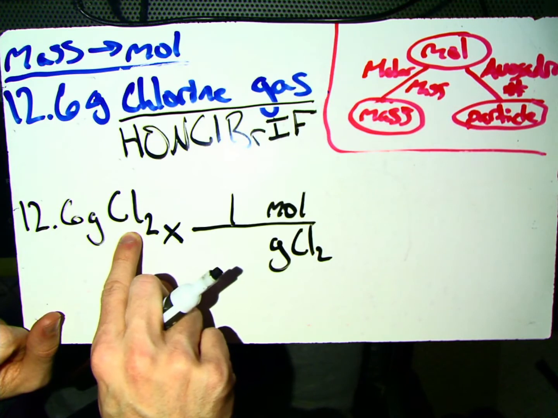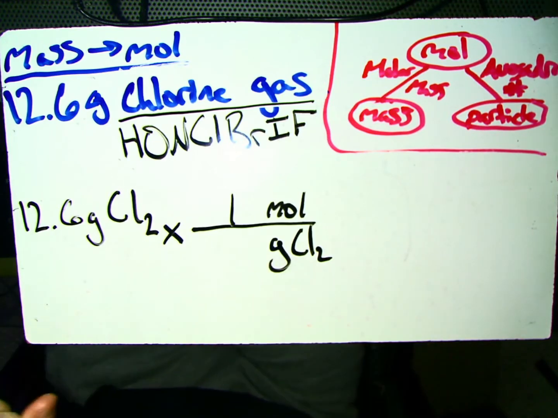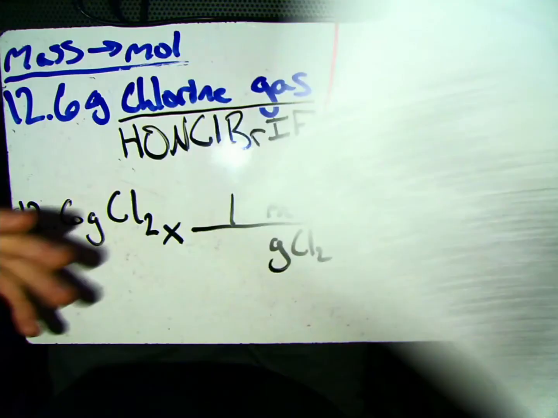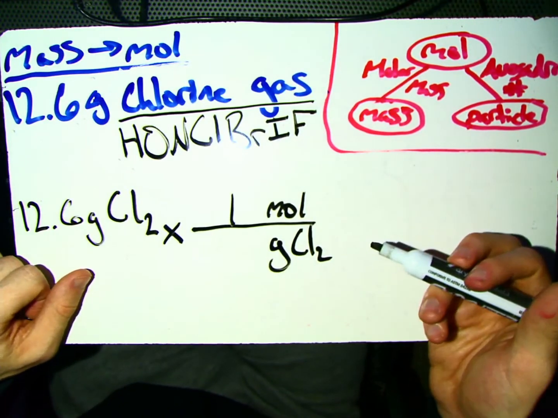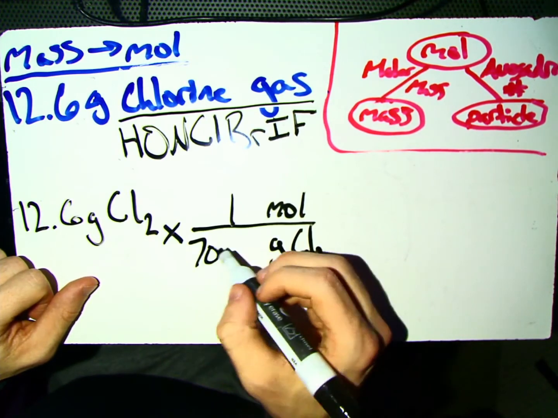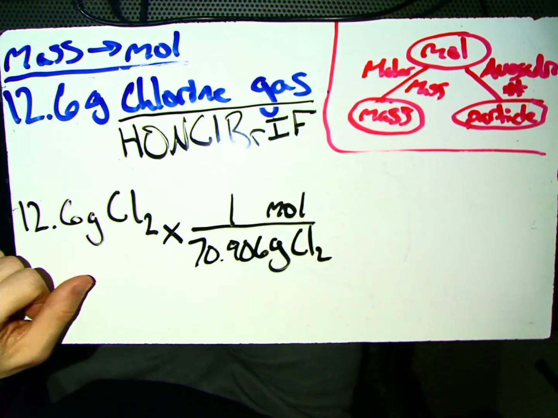Chlorine weighs 35.453. If you look at this right here, chlorine weighs 35.453 grams per mole. But we have 2 of them. So we need to multiply that number by 2. So it's really 70.906 grams.